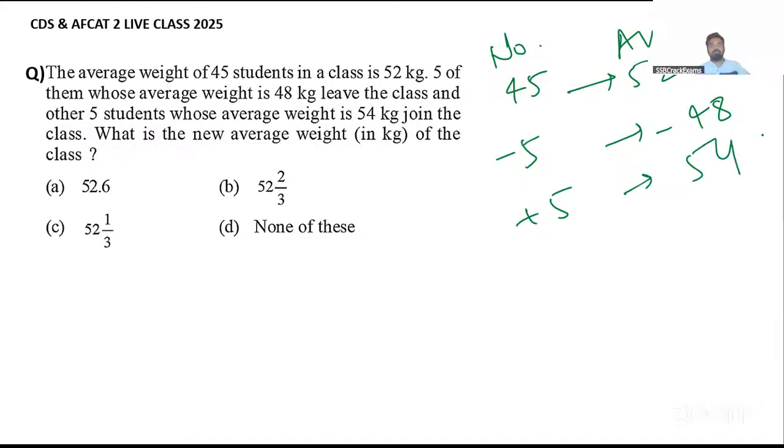What is the new average? So we will calculate the increment only. We need not worry about the initial average. Let's keep it the same. So what will happen?